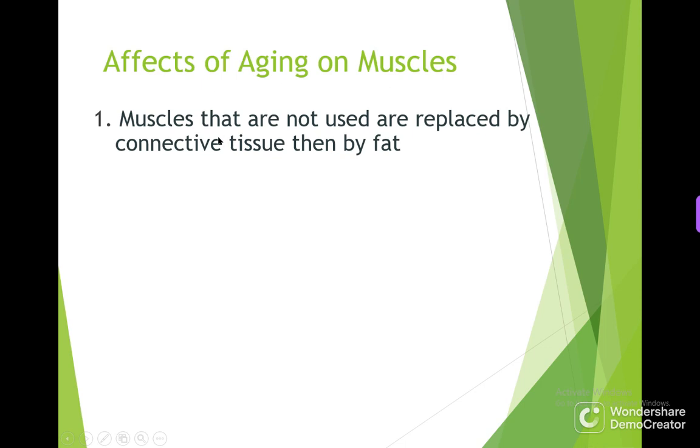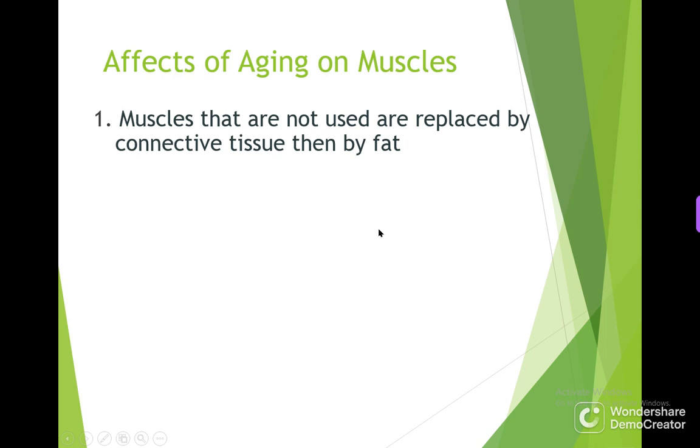Effects of aging on the muscle: muscles that are not used are replaced by connective tissue and then by fat. It is going on. If you are not using them, dystrophy occurs and atrophy occurs, then it is replaced by fat. So you have to move. If you are young, that's all right, you are moving. But in old age, the activity decreases and the muscles are not used, what is called disuse, and it is replaced.